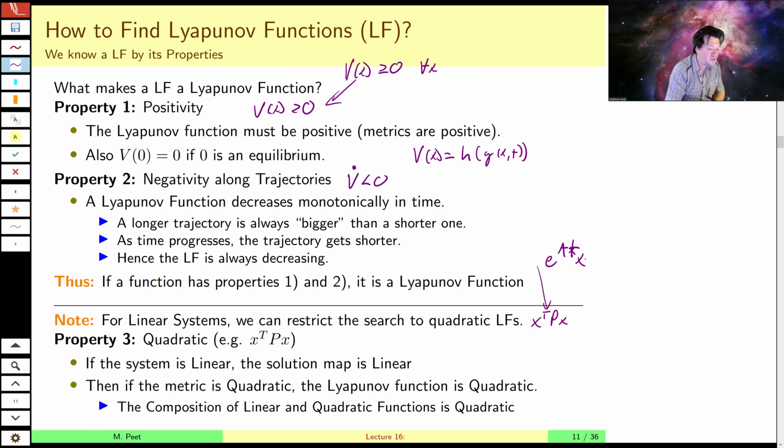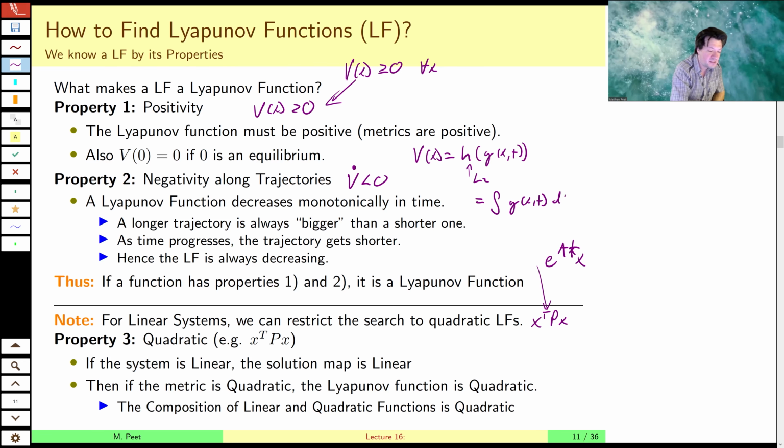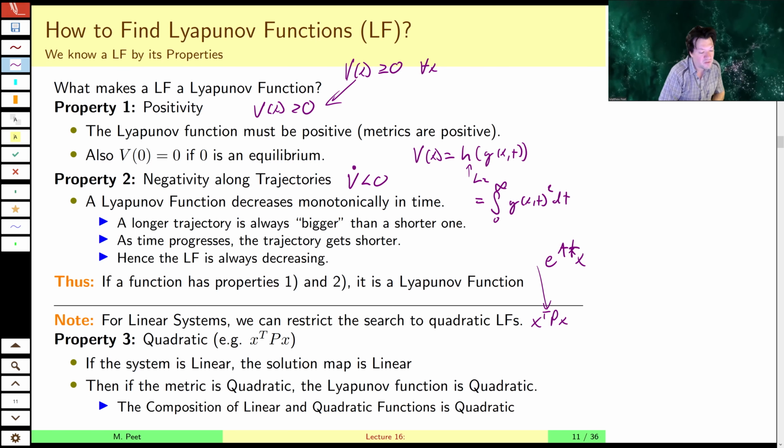We do, however, have this solution map, and so the obvious generalization of the standard converse Lyapunov theorem for linear systems is to take this metric to be the L2 norm. Then the Lyapunov function is just the integral of the square of g of x, t, dt from 0 to infinity. So that's the obvious Lyapunov function.